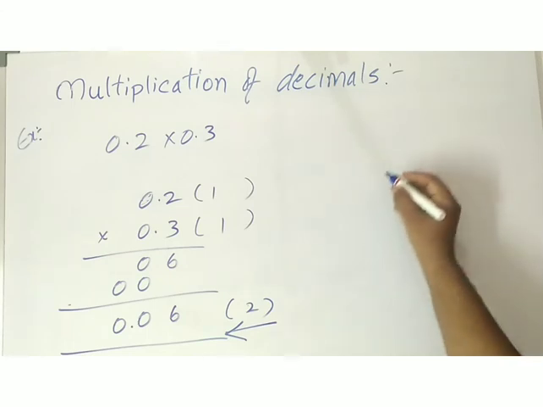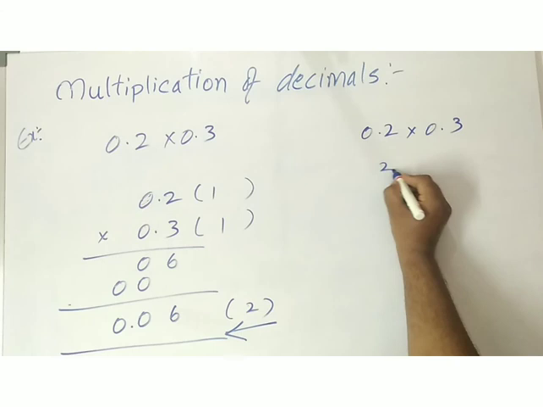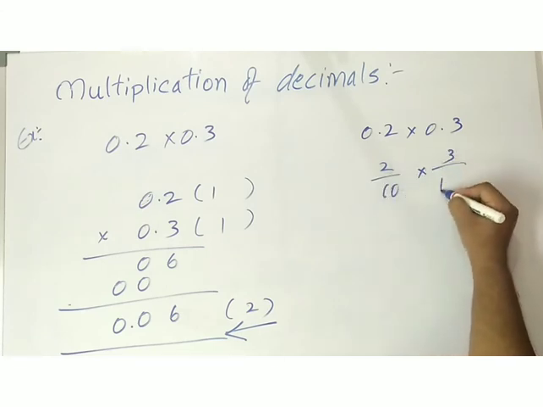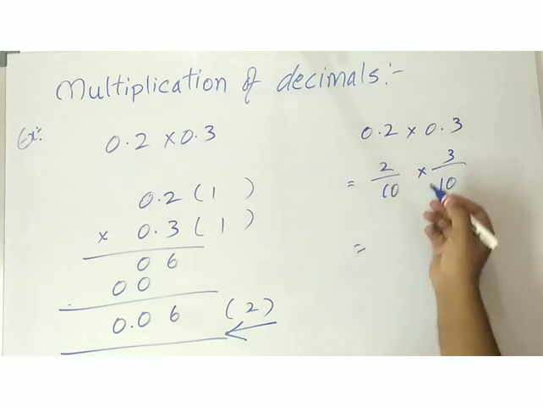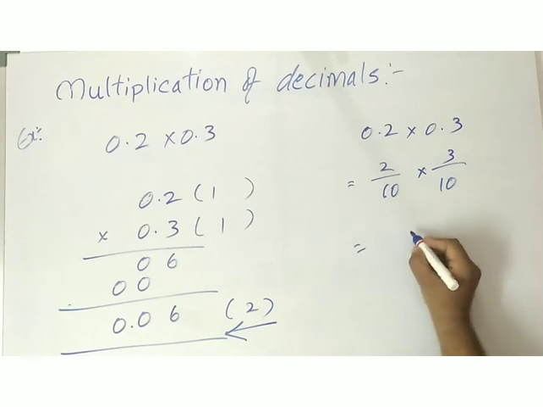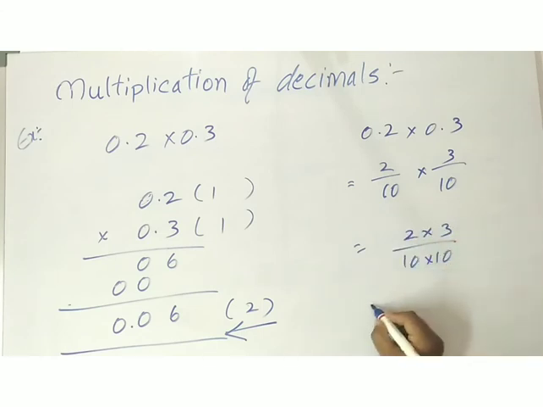Another method is also there. See 0.2 into 0.3. We can write this one as 2 by 10 and this one as 3 by 10. I explained multiplication of fractions in the previous class: numerator times numerator, denominator times denominator. So now it becomes 6 by 100.